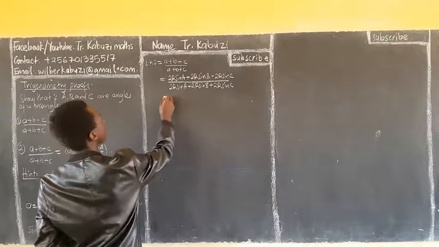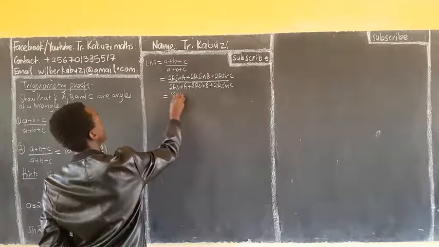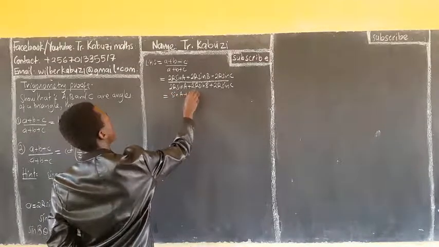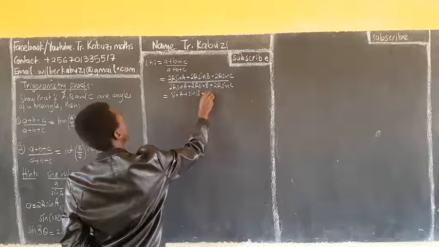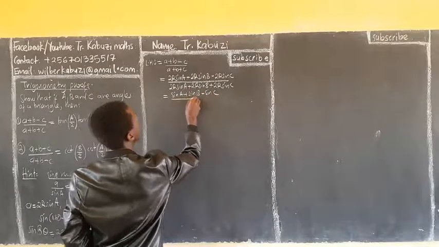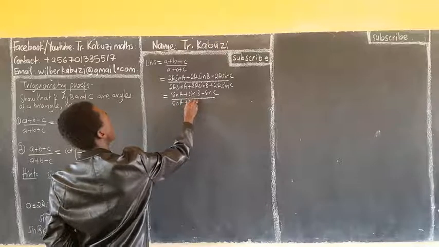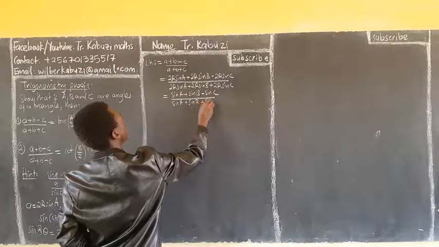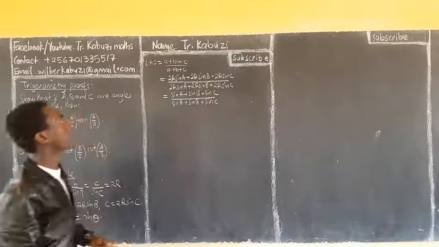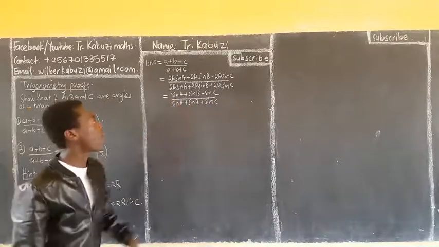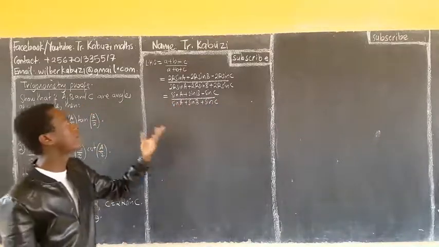So if I divide through by that, I have now, plus sine C. So dividing through by 2R because 2R is common. Now from here, we use the factor formula.